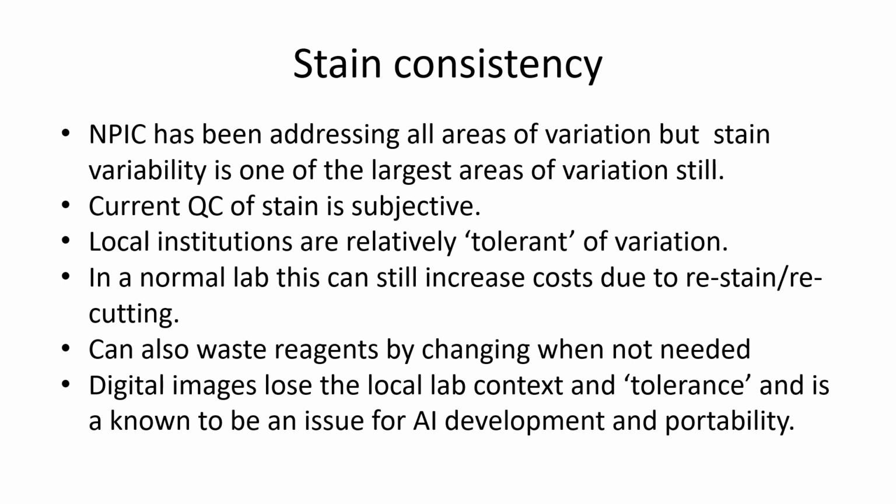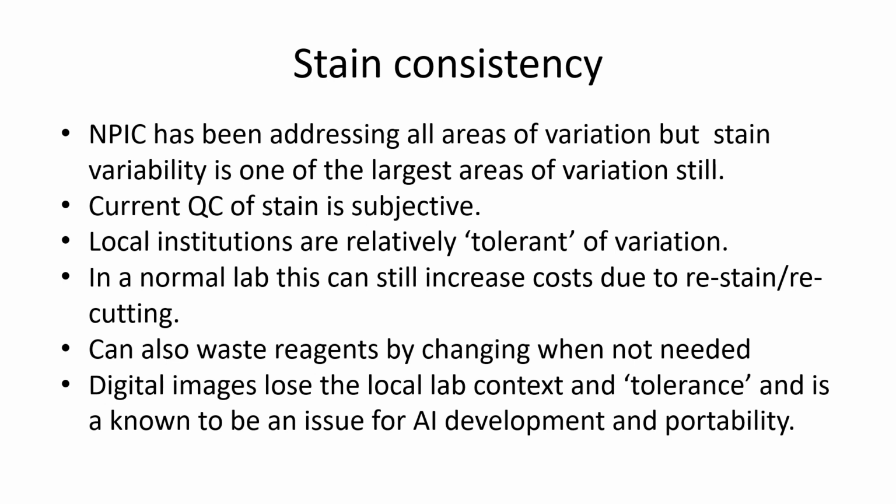So we've been addressing all areas of stain, but variation is one of the largest areas still. Current quality control is largely subjective. It's looking at slides and looking to see if they are as we would expect them to be. And anecdotally, local institutions are relatively tolerant of variation.